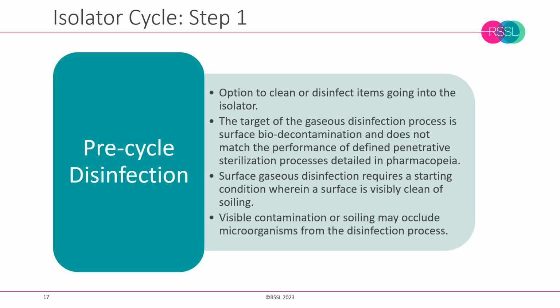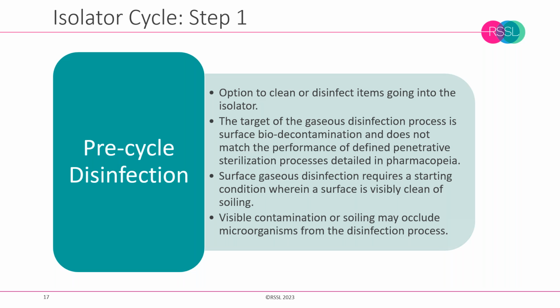So certainly any direct product contact items and any indirect product contact items, as defined by Annex 1, are sterile items, and they need to be presented wrapped and then unwrapped. Some people also elect to undertake an additional manual disinfection of those items. That's not necessarily necessary, but it's something to consider.